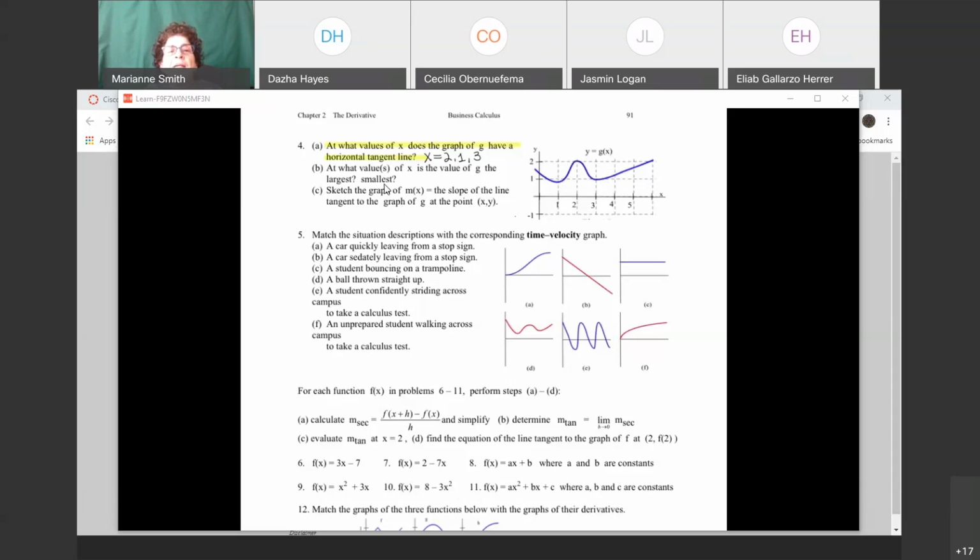Okay, so at what values of X is the value of G the largest? And where's your biggest value of the function output? Anybody want to hazard a guess at what X values that is? We're not asking you about the derivative, we're asking you about the function value.